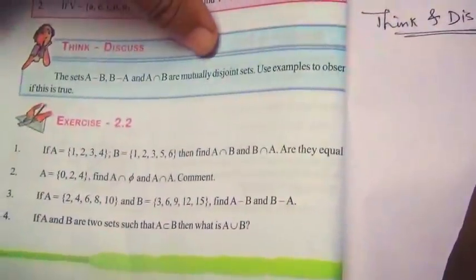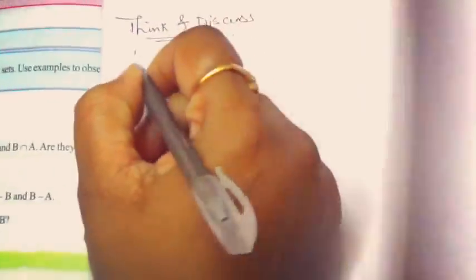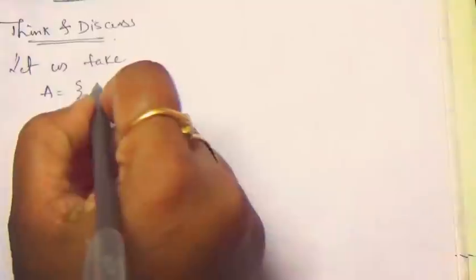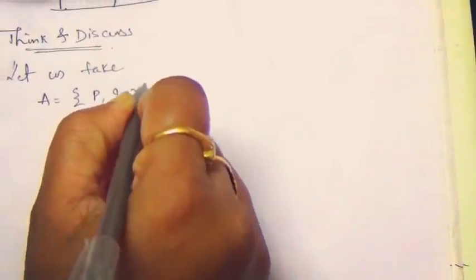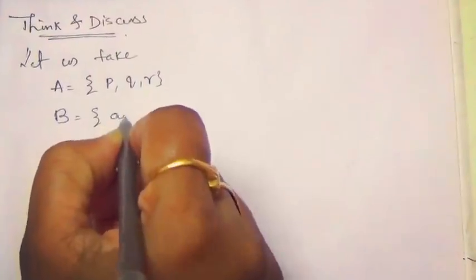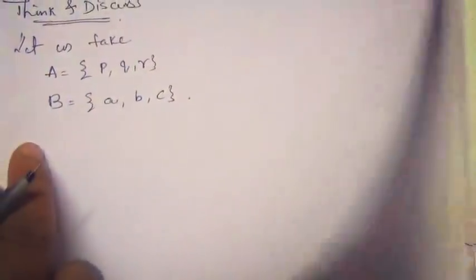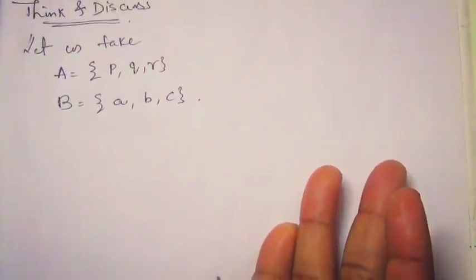So in this we have to take two disjoint sets. Let us take A is equal to P, Q, R, B is equal to A, B, C. Okay, these two are disjoint sets, right? No element is the same in both the sets.